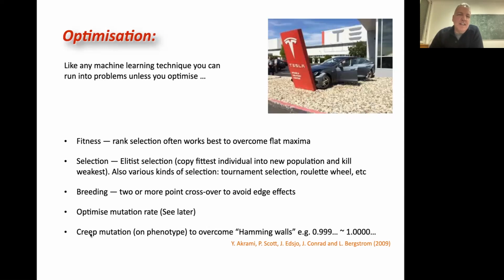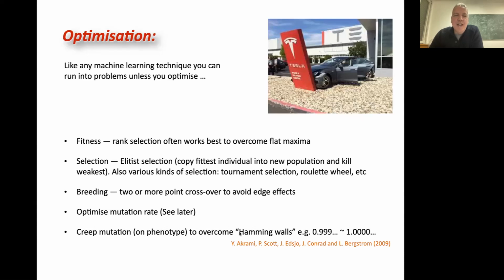And then there's another thing called creep mutation, which addresses a particular problem that appears in this example. Suppose the solution was at 1.000, and we were at 0.9999. An individual was there. It's clearly very close. The phenotype is very close, but the genotype is about as opposite as it can be.